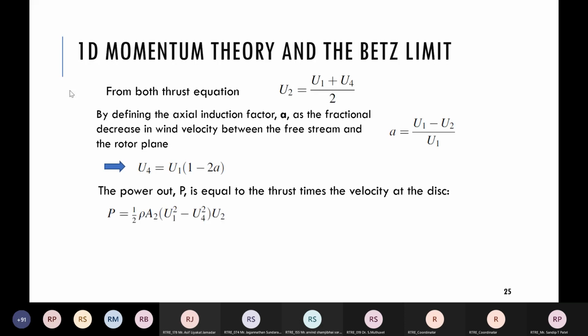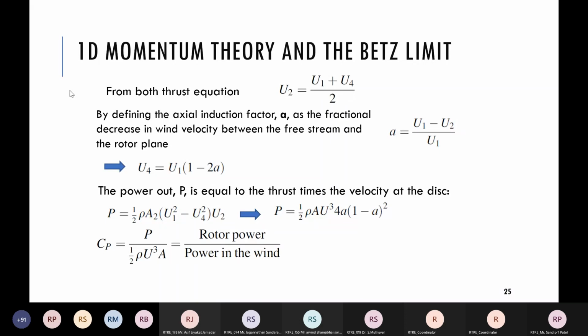Now let's find the power of that rotor, which is thrust multiplied by velocity. Using the derivation from the Bernoulli equation, we can find the P value. If we substitute the value of a in this equation, we get P in terms of rho, A, U and a. So now the equation for the coefficient of power, CP, is rotor power upon power in the wind.